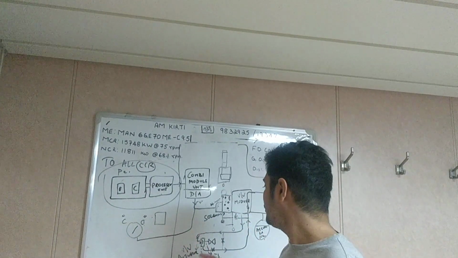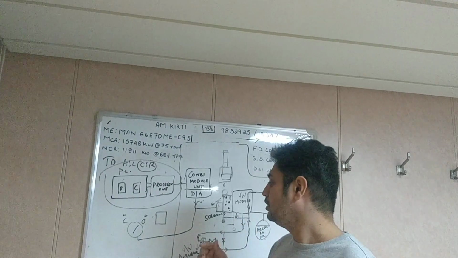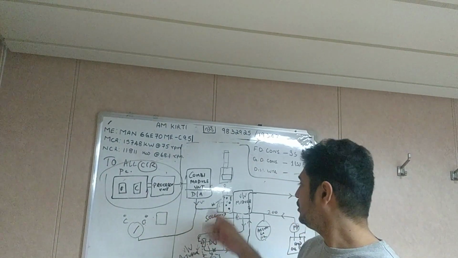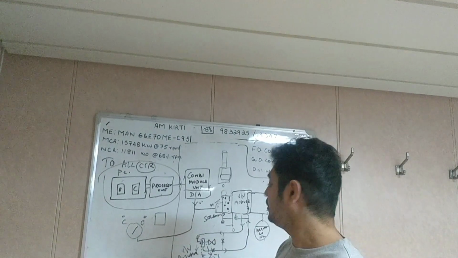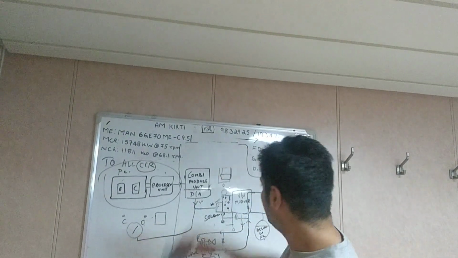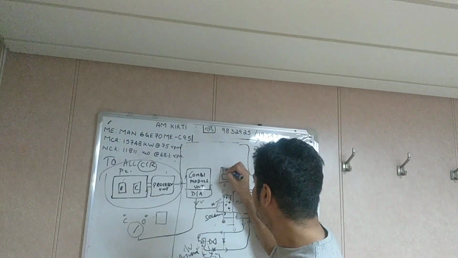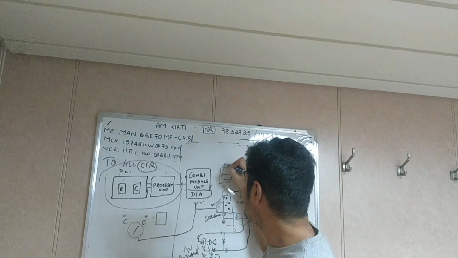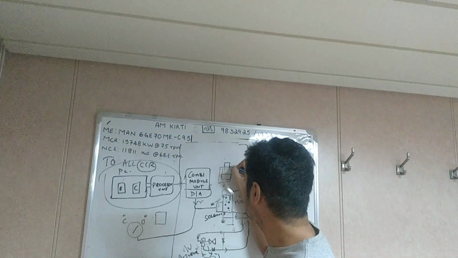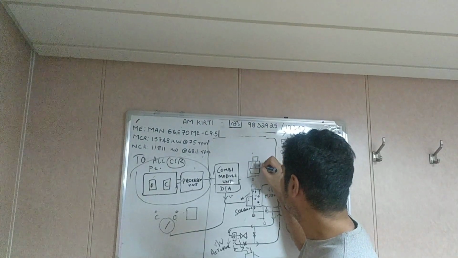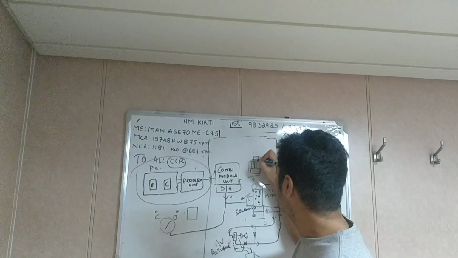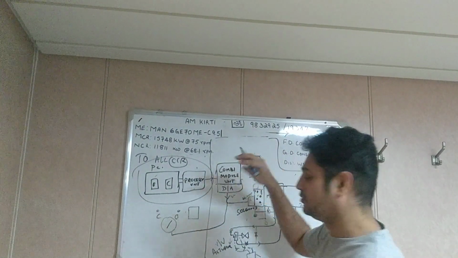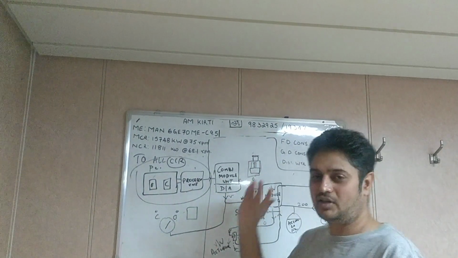Suppose, I am telling about the indication issues now. As I told you before, the valve actuator will have a limit switch. Suppose this is the actuator, this is the valve. I'm just giving a rough drawing here. Here you have a limit switch where the wheel or any slide movement is there.